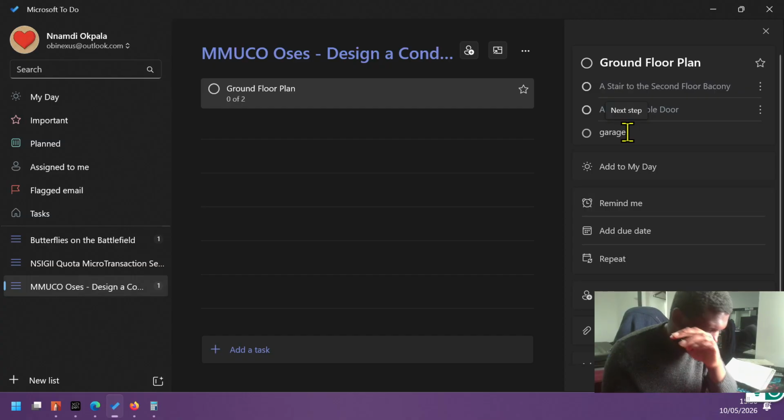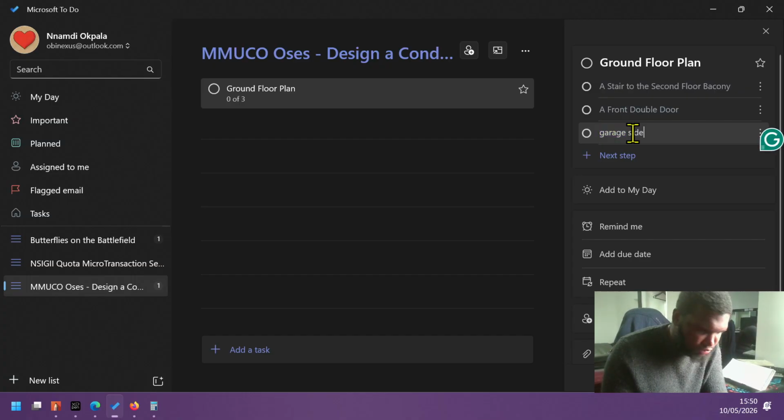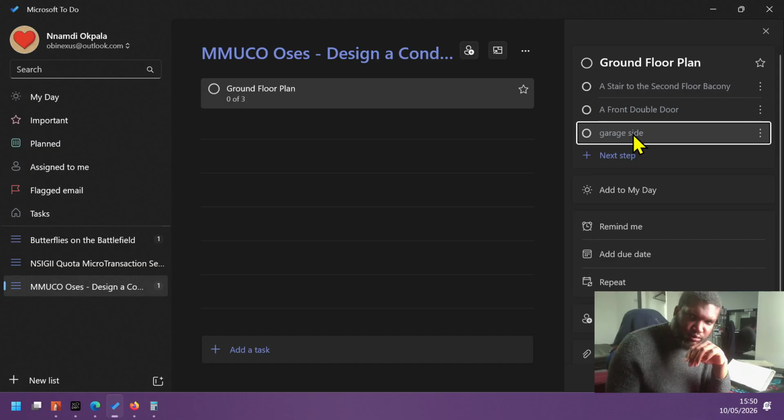Sorry, I'll do the back entrance. I like it, but it's fancier.